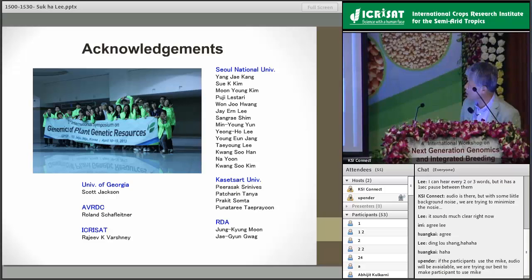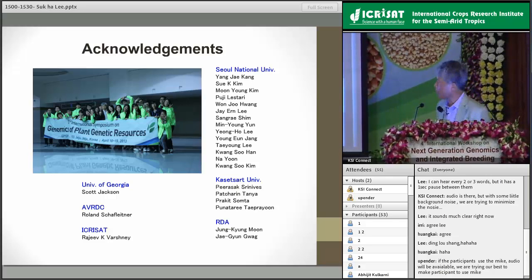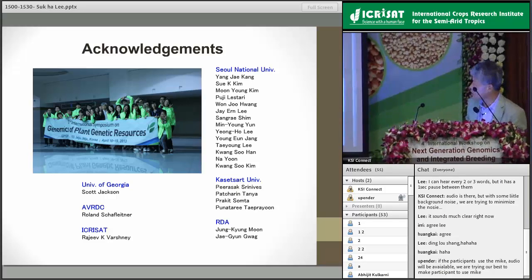When I started to sequence these genomes, I chose mungbean because of Scott Jackson's advice. For the mapping population, he also provided some QTL positions identified at AVRDC, and we mapped those genes in our sequence data.